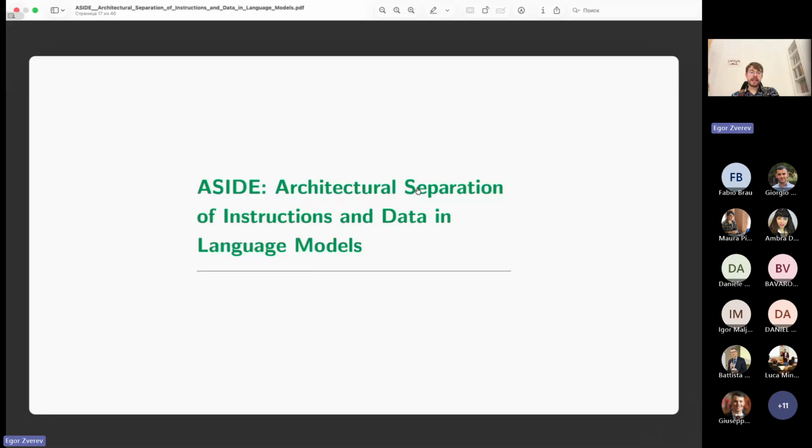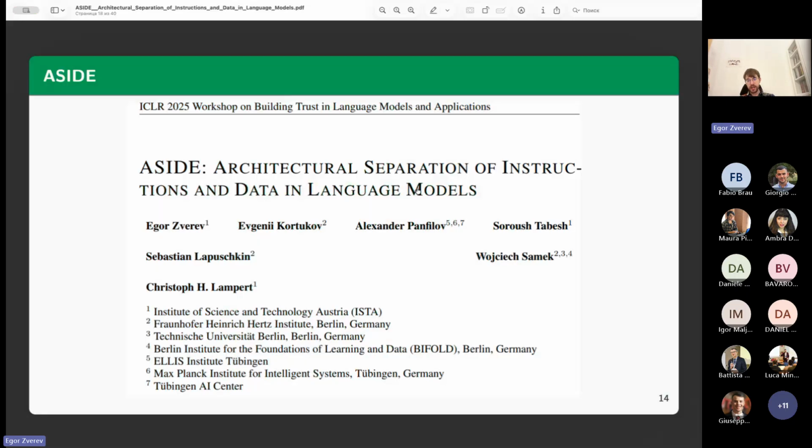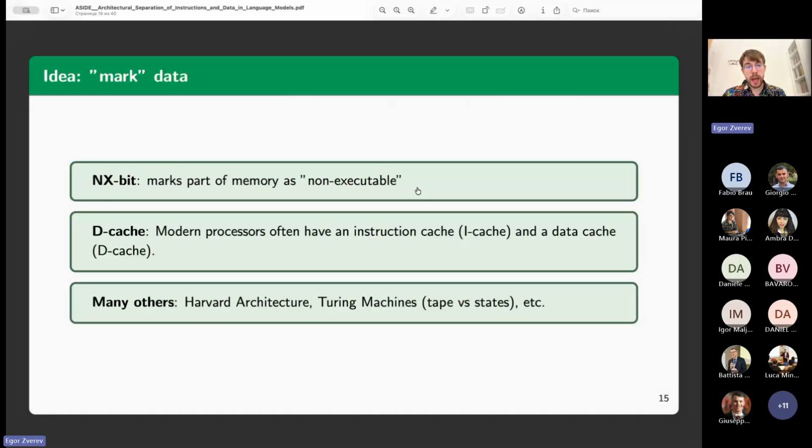Okay, so now I'll present ASIDE, which stands for architectural separation of instructions and data in LLMs. The main idea of ASIDE is the following. In classical computer security, there are many examples of instructions and data having some kind of very strict separation, like instruction caches, data caches, and for instance, the non-executable bit, which allows you to mark part of the memory as being non-executable.